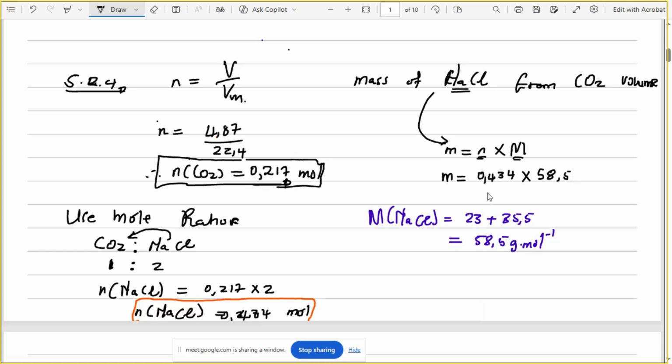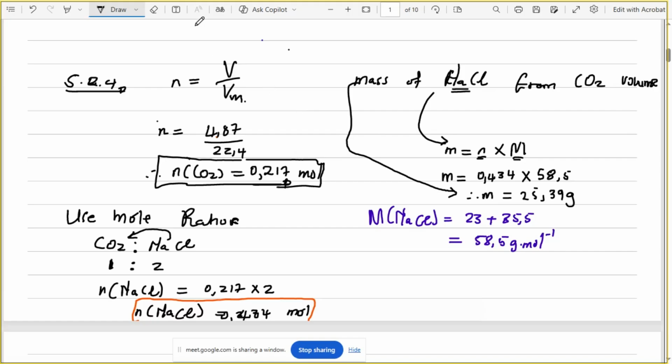Therefore, you multiply these two numbers, and this will give you the mass. Let me also put it on my calculator. 0.434 times 58.5 is 25.39. So the mass of sodium chloride is 25.39 grams.